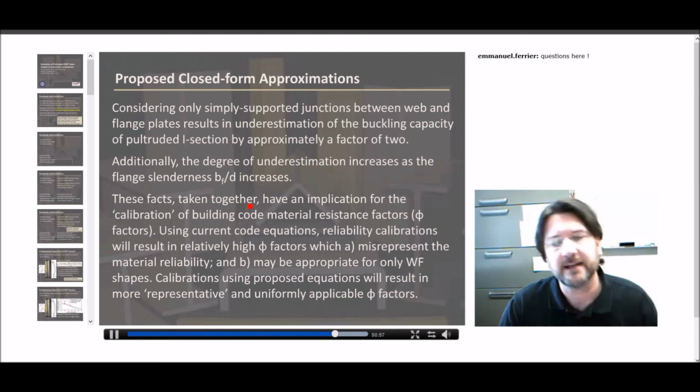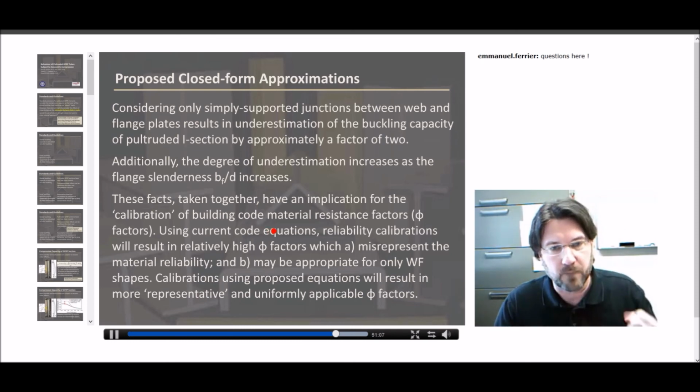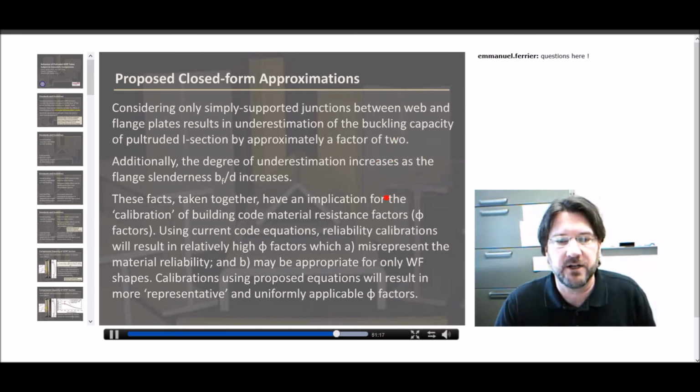So we take these two facts together, we have an implication on the calibration in terms of building code material resistance factors, the so-called phi factors. If we use these current simply supported case, we end up with a phi factor that's relatively high, 0.85, 0.9, in order to make up for this underestimation of capacity. And this is misleading because it's not telling the true story.